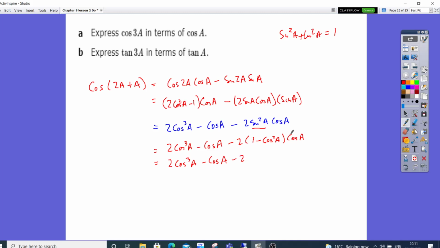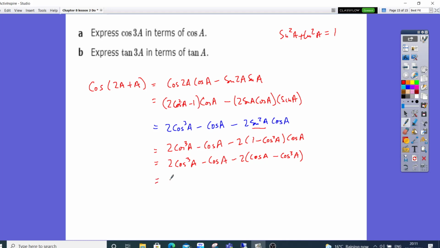Actually, why don't I just times this out first? So 1 times cos is cos, put that in the bracket, minus cos cubed a, just to make life easier. Rather than doing 2 steps, I've times that by 1, I times that by cos, so I've got cos and cos cubed. And I'm going to just double those.